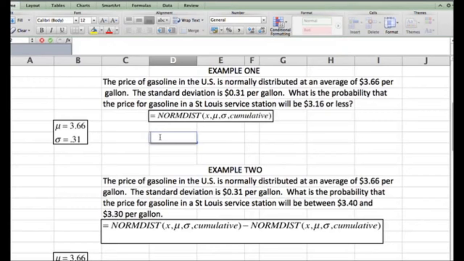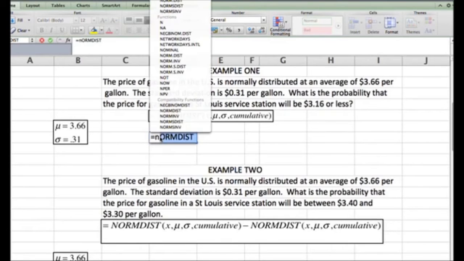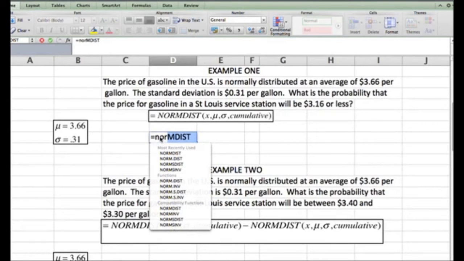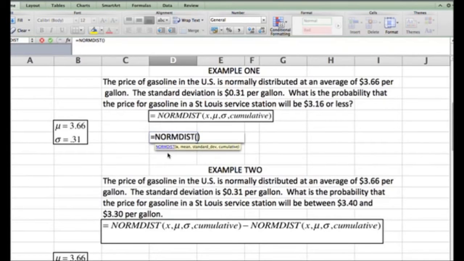So we will now enter this as it's shown above in an empty cell, starting out typing equals. And when we start typing normal distribution, the drop-down menu gives us a number of choices where we'll select normal distribution.